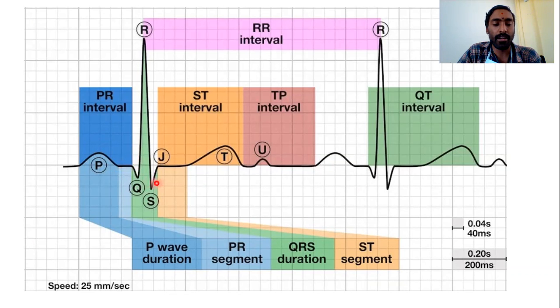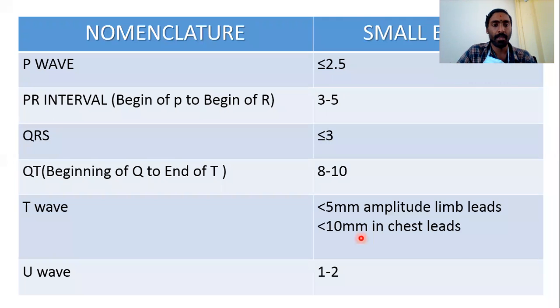This QRS is going to be 3 small boxes, and then the point of S wave and T wave fusion is called as the J point, and from the onset of the Q wave till the end of the T wave is called as the QT interval. And there are two segments, which is the PR here and the ST segment here. ST segment has its own implications in ischemia that will be discussed subsequently.